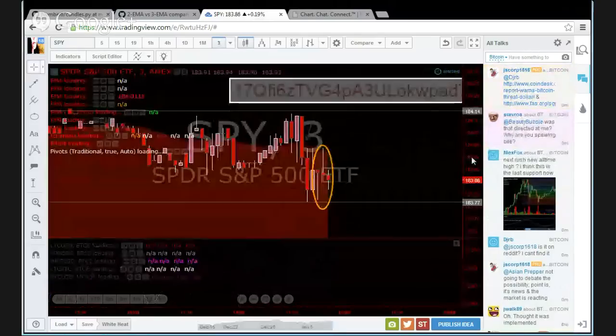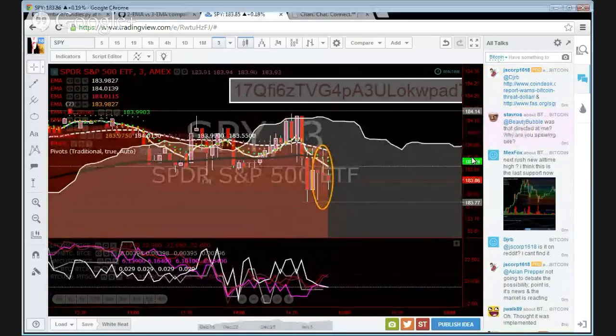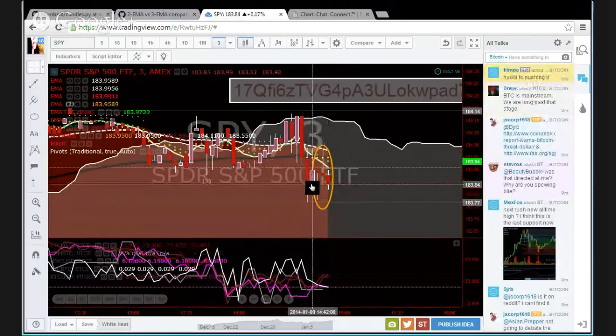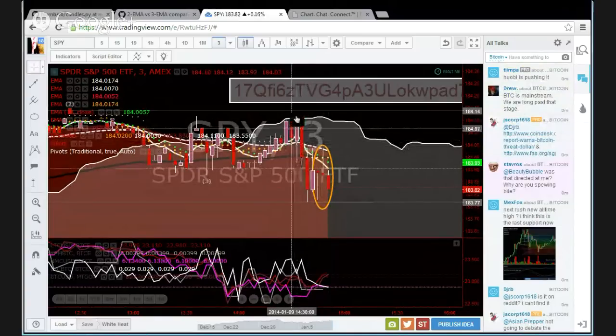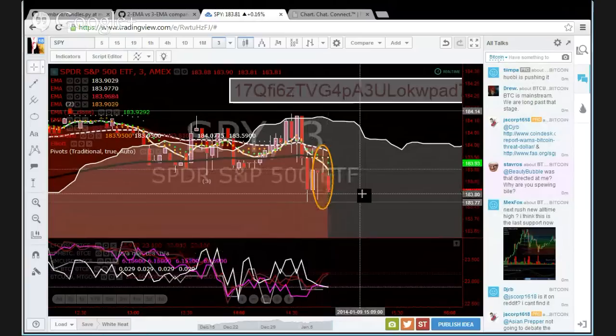So we want to wait for 10 3-minute candles, starting from 1430. We want to take the high from up here, 1, 2, 3, 4, 5, 6, 7, 8, and we're looking for 7 o'clock, and then we'll take a look at the high.